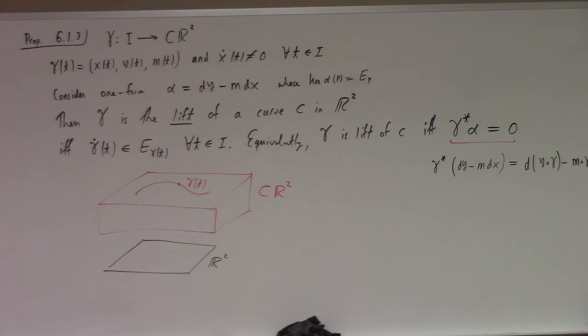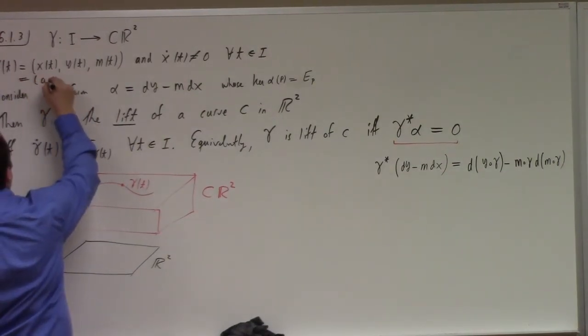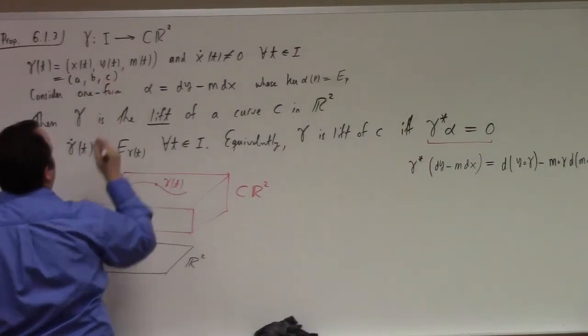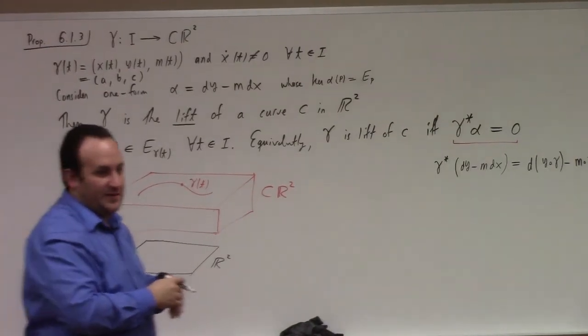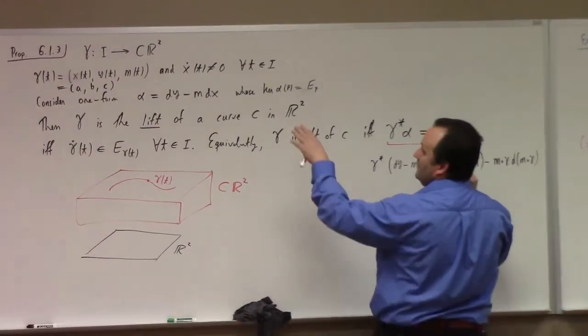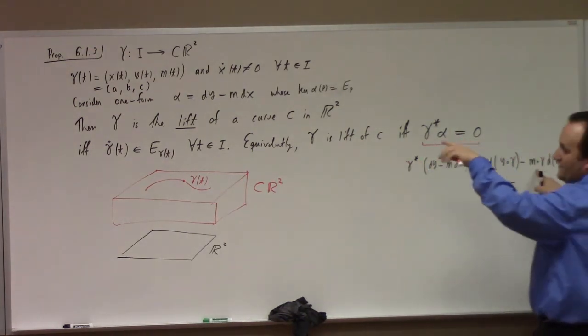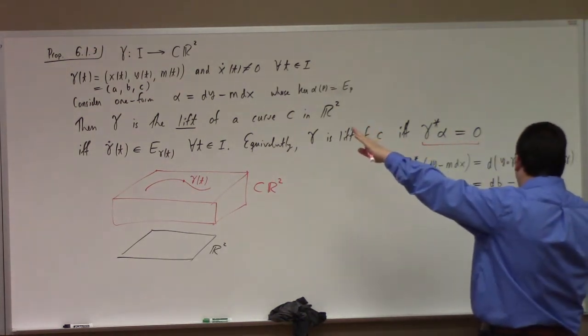There's an overloading of notation here, so maybe it's a little bit hard to understand entirely. So this is the y component of gamma, which unfortunately we've also called y. Let me remove some of the confusion here. Suppose that these are a, b, and c, all functions of time. Then this is what? This is db, right? Minus what? m is c now, right?